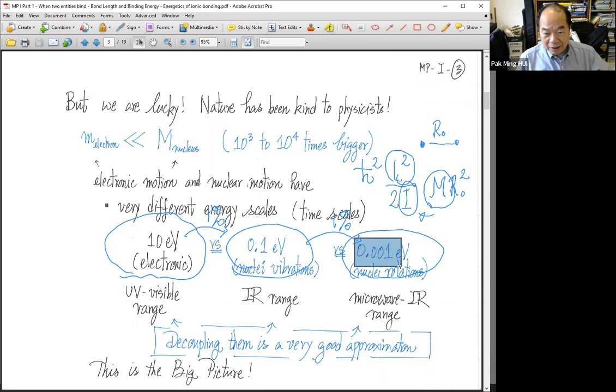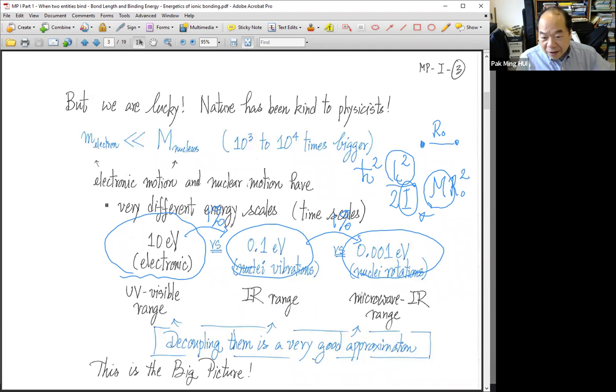0.001 eV. Okay. Now, for those who like the EM wave description, the electronic energy scale is in the ultraviolet down to the visible range. The vibrational one will be infrared, maybe somewhere close to the far infrared.